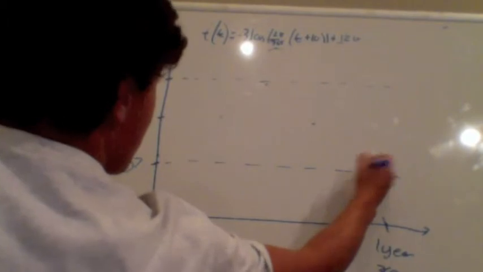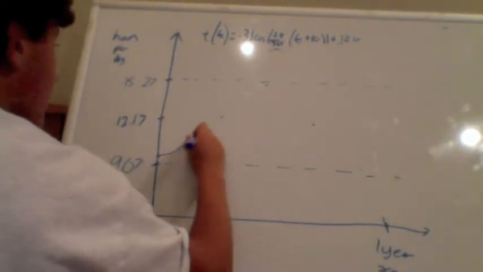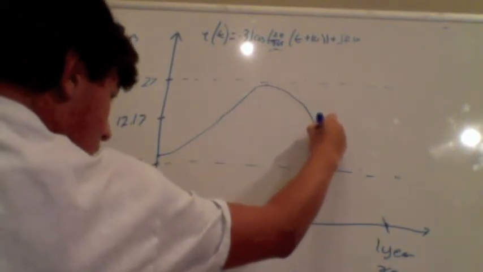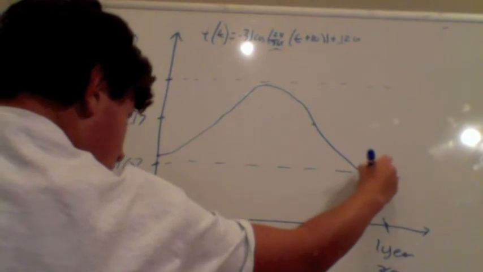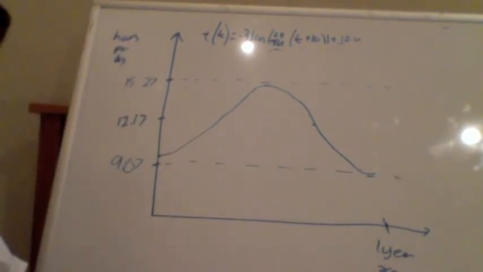And then we'll come a little bit up, and that'll mark our 1 year. So we can go like this. And that's the amount of daylight hours in 1 year.